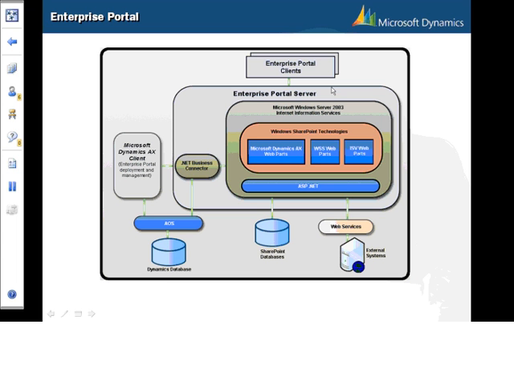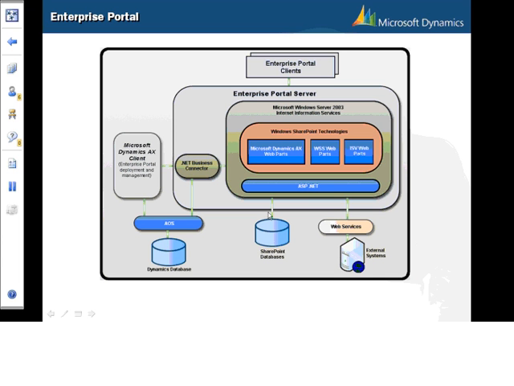In this diagram, you can see the Enterprise Portal client has access to the Enterprise Portal server, where Microsoft Windows Server 2003 Internet Information Services is running, and it's used by the Windows SharePoint technologies with Microsoft Dynamics Web Parts and Windows SharePoint Services Web Parts, with ISV web parts, and it's based on ASP.NET functionality.